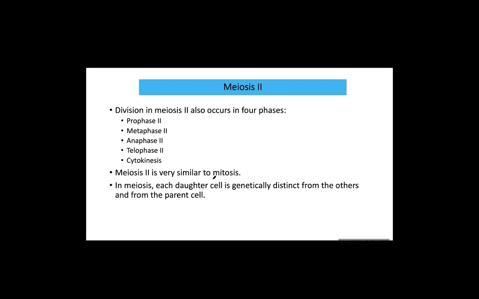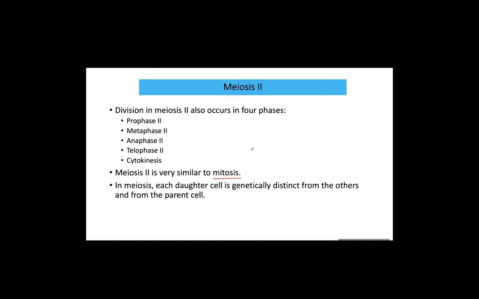What is the main characteristic of mitosis? 2 sister chromatids separate. That event occurs during meiosis 2. In meiosis, each daughter cell is genetically distinct from the others and from the parent. We will see about that. In mitosis, each daughter cell is genetically identical to the parent cell.